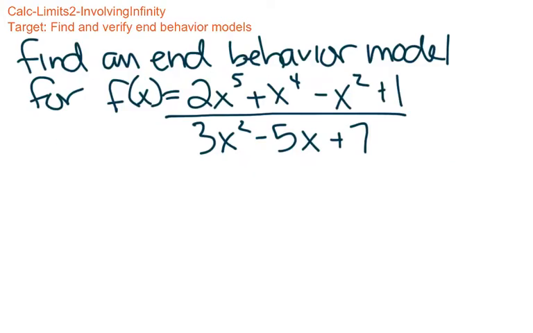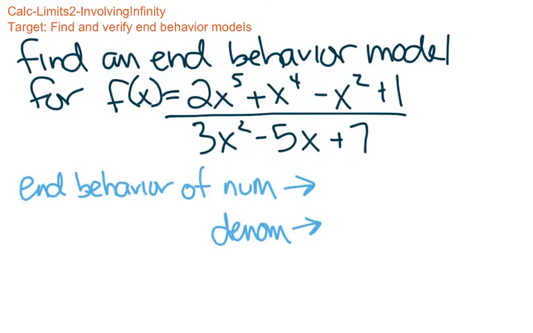Here's another one, and this is the only other one I have. Find an end behavior model for f of x equals this crazy quotient. So using what we've done so far, taking a look at this function, we just look at the top here and we notice that when x is really large, this is the only thing that matters.